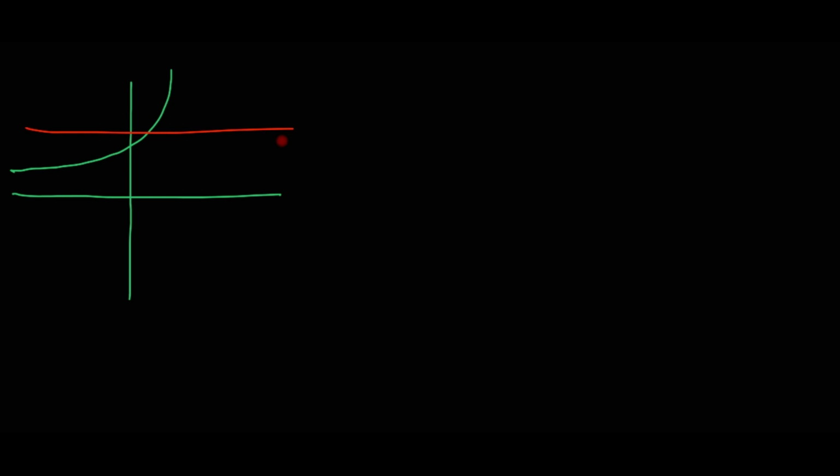Your ruler horizontally here, you'll see it touches your graph at one point. Therefore, this is a one-to-one function. If it touched at 2 points, it would be many-to-one. So this is a one-to-one function.